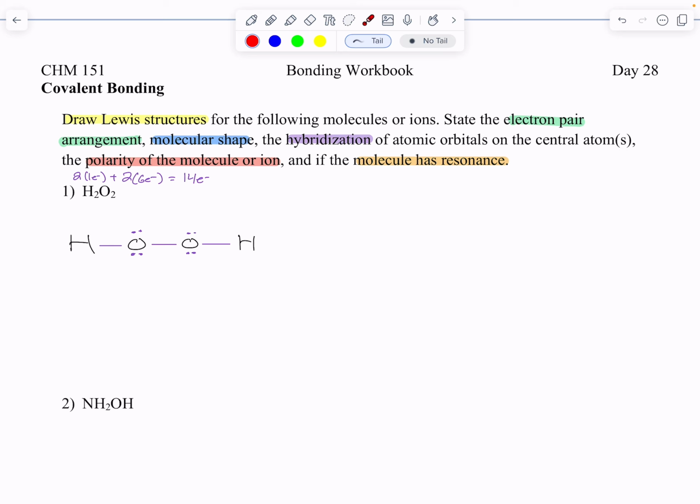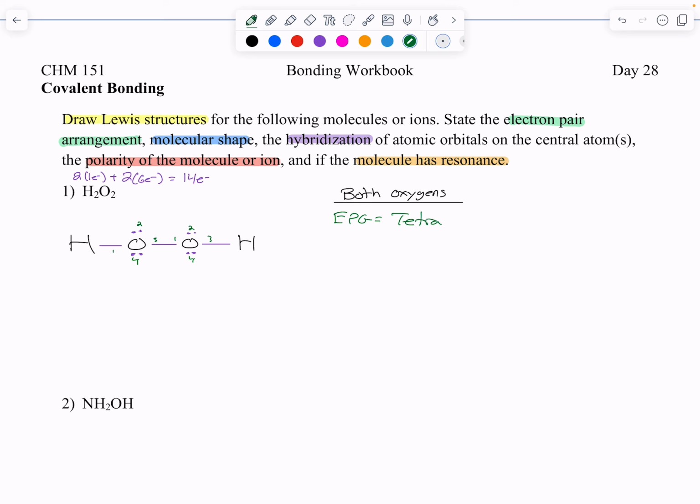So it's good. Now, there are 2 central atoms, both oxygens. Electron pair geometry: well, we got 4 pairs.